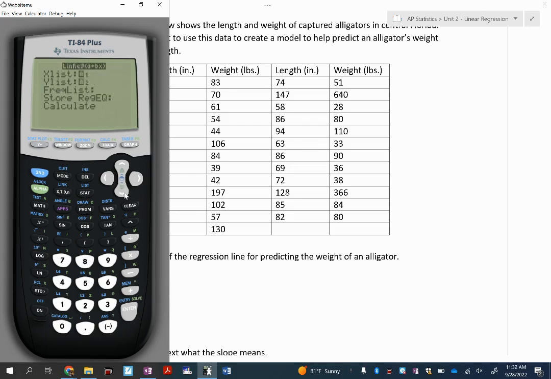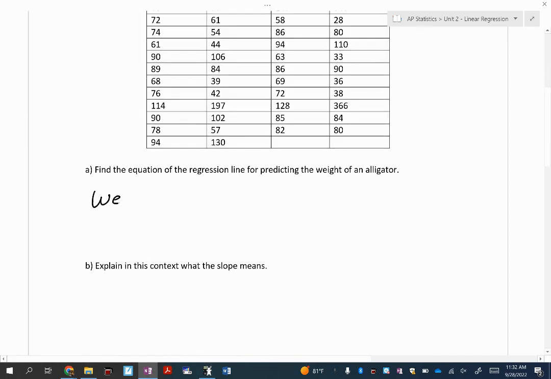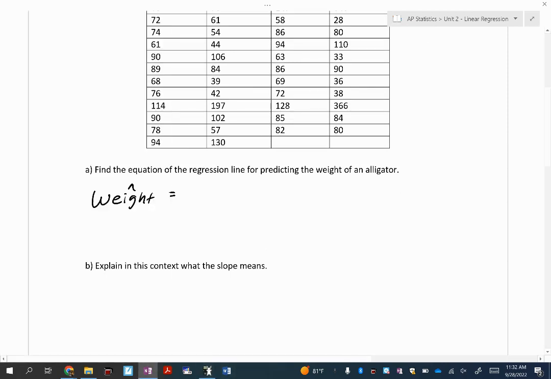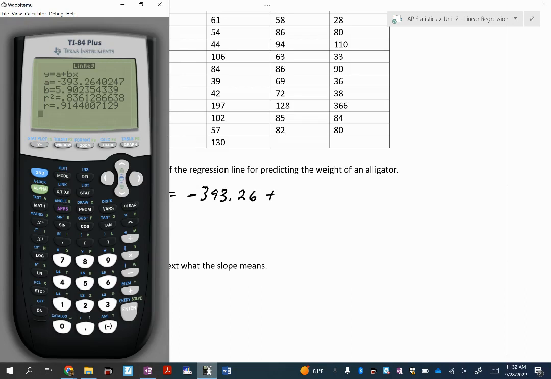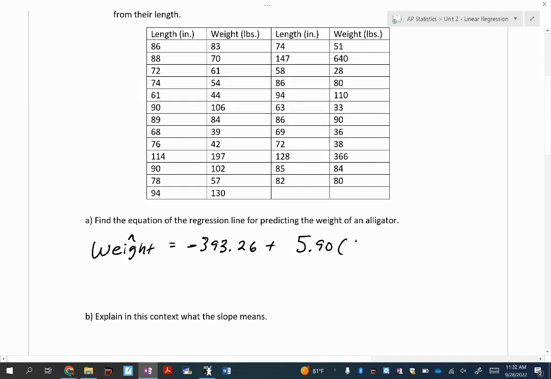All right, and so my equation is going to be that the weight hat is equal to negative 393.26 plus 5.90 times the length.